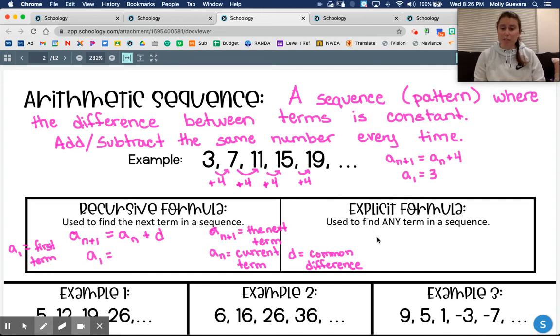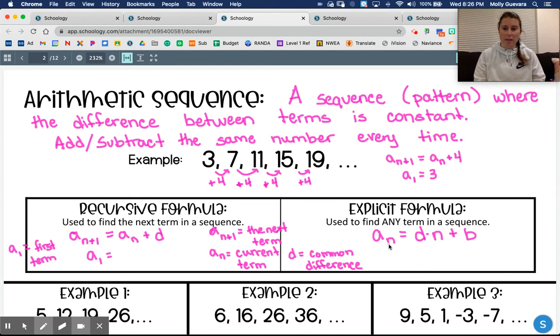And so the explicit formula is, hey, the term in the sequence, the current term, so the 60th term, right, is equal to the common difference times n, which is my term number, plus b. So this is pretty much y equals mx plus b right here.